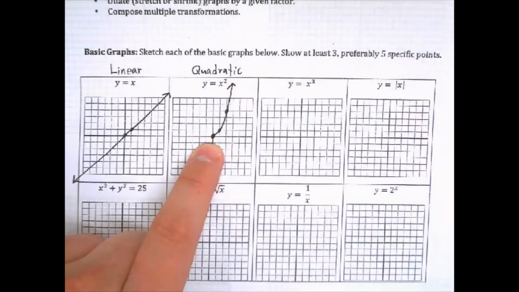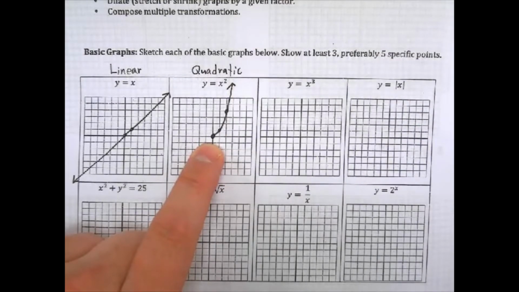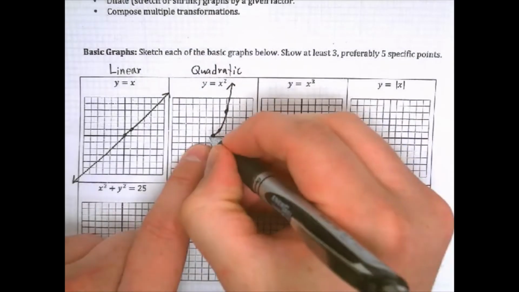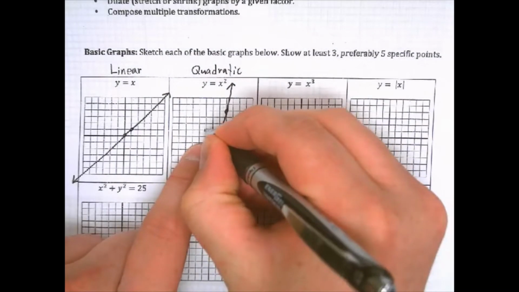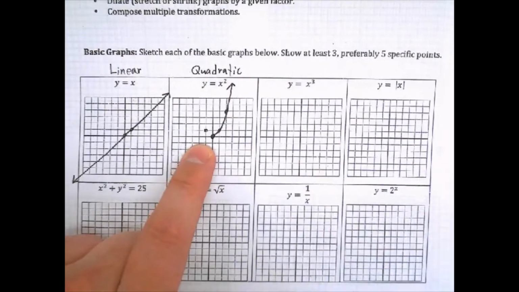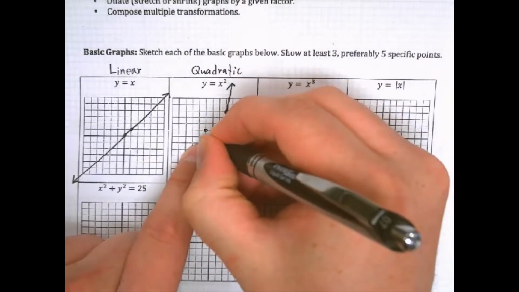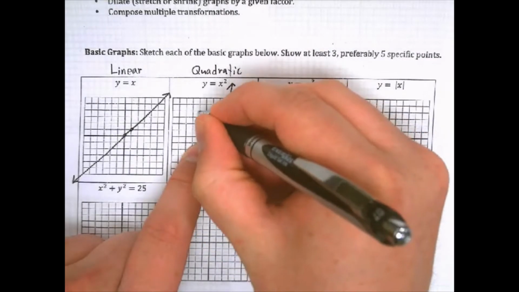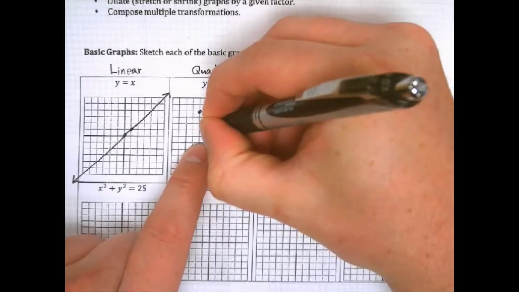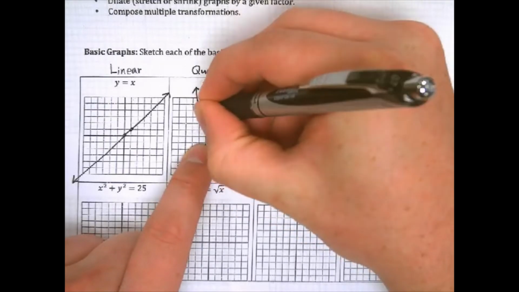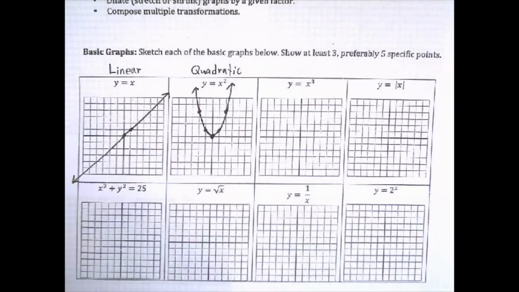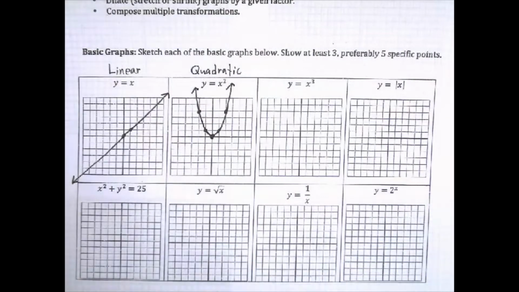The best thing about quadratic functions is that they are symmetrical. So if I went over 1 up 1, I have to go over 1 up 1 on the left-hand side also. And if I go over 2, negative 2 and 2 squared is also 4, which creates that parabolic shape to make my quadratic parent function.